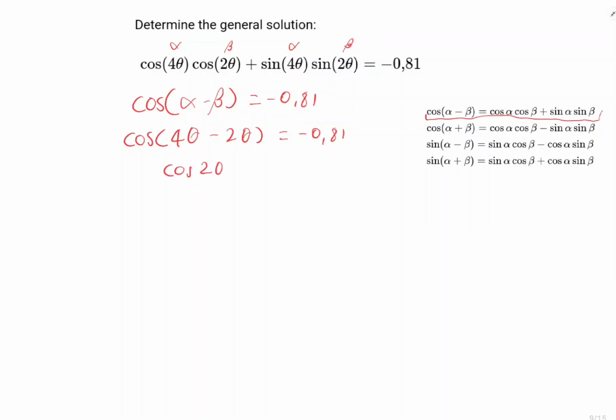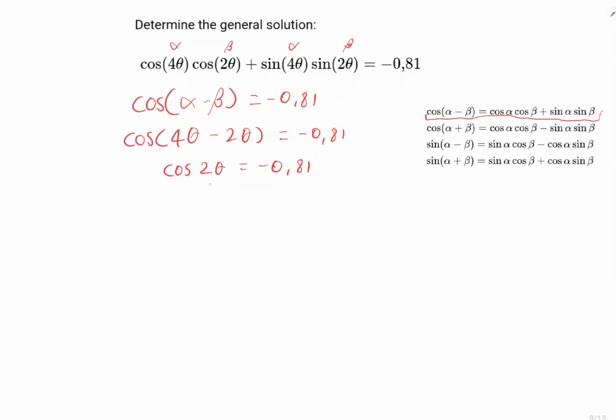Cos 2 angle is equal to negative 0.81. Cool. Let me rewrite that neatly. Cool. So now we can go ahead and get our general solution.